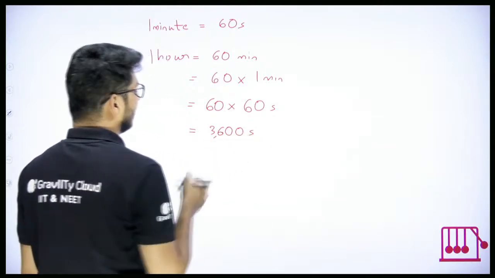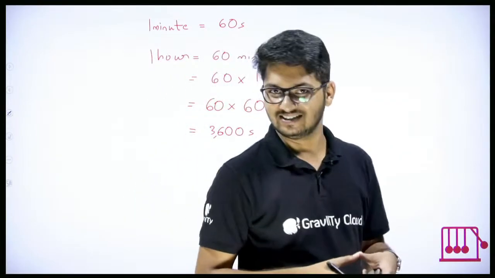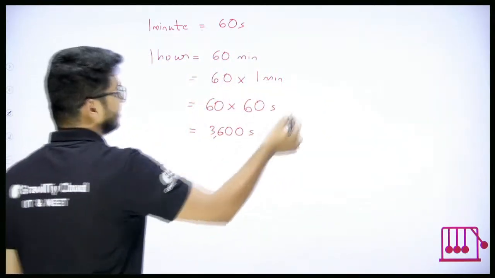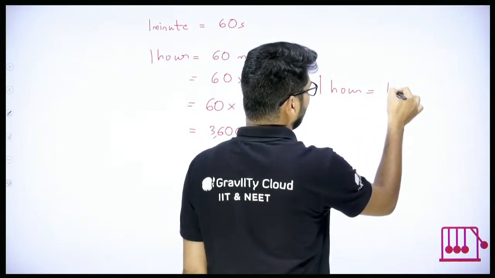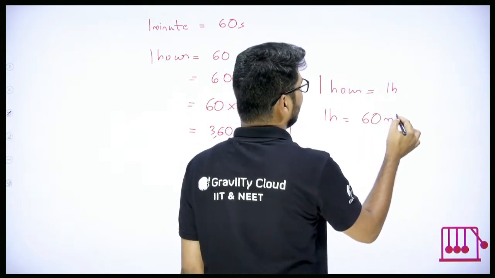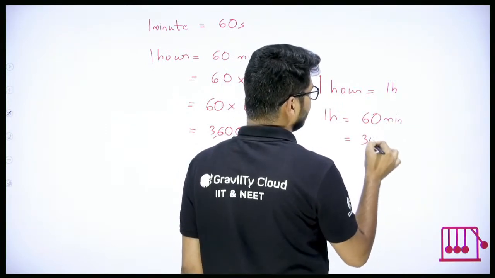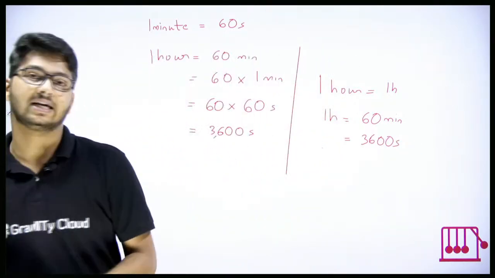That means it is 3600 seconds. So here we can clearly say that for 1 hour we use the symbol 1H. So 1 hour is equal to 60 minutes, or in terms of seconds, it is 3600 seconds.